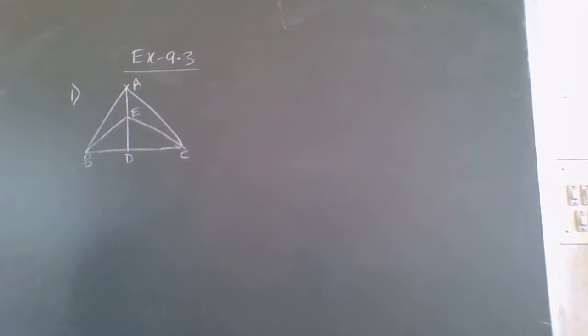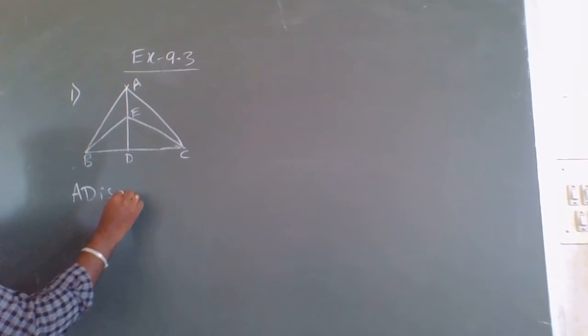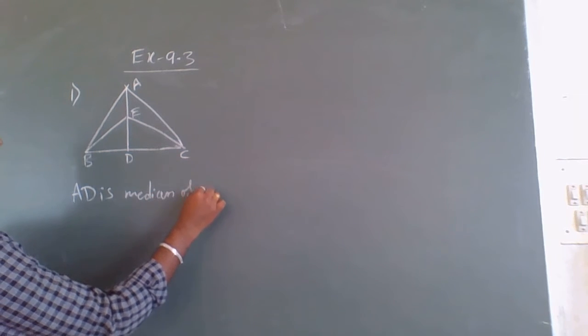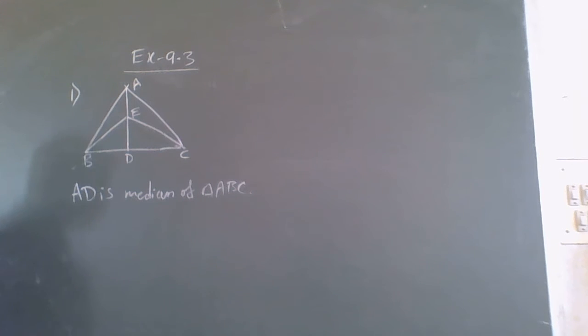Now they have given that AD is the median of triangle ABC. It will divide triangle ABC.